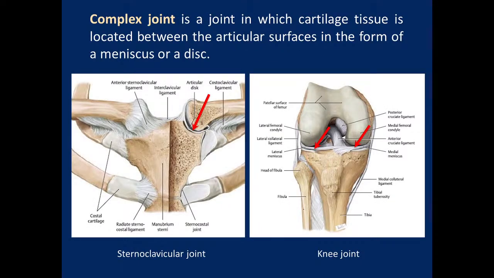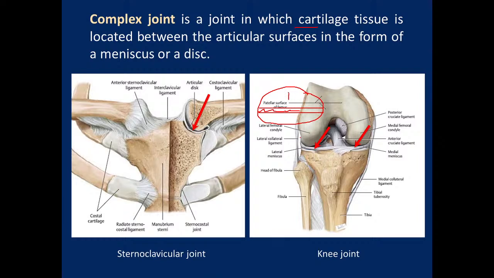And complex joints. Usually a complex joint is a joint in which we find intra-articular cartilage. That structure divides the cavity of the joint into two levels. For example, this is the cavity, and inside we find intra-articular cartilage. This is cartilage.